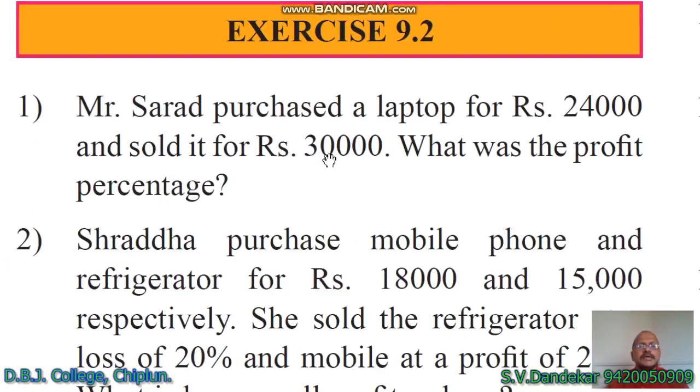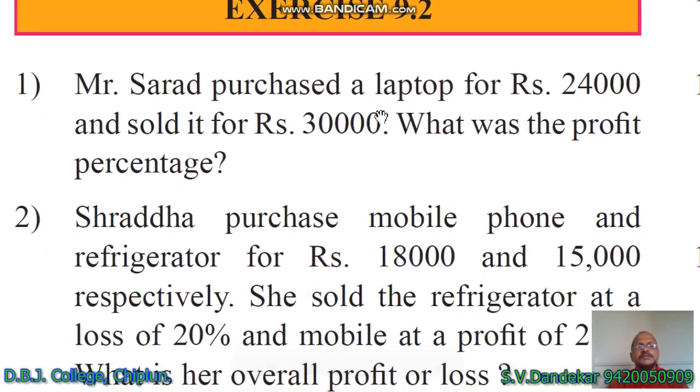Let us discuss exercise 9.2. Mr. Sarad purchased a laptop for rupees 24,000 and sold it for rupees 30,000. What was the profit percentage? Answer is very easy. 24,000 and 30,000 are the CP and SP.